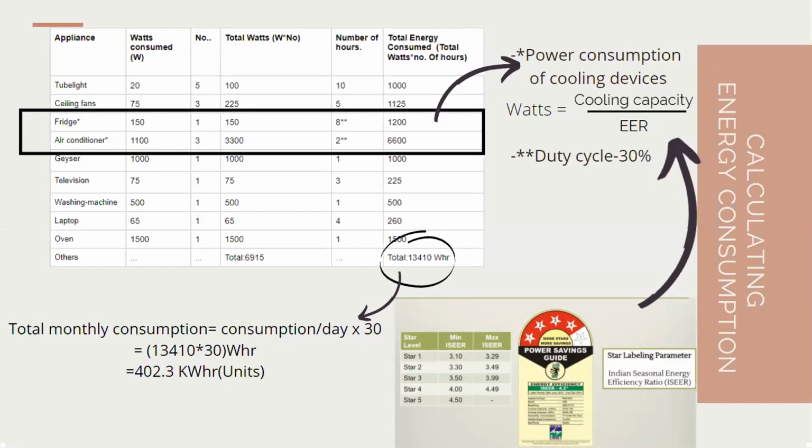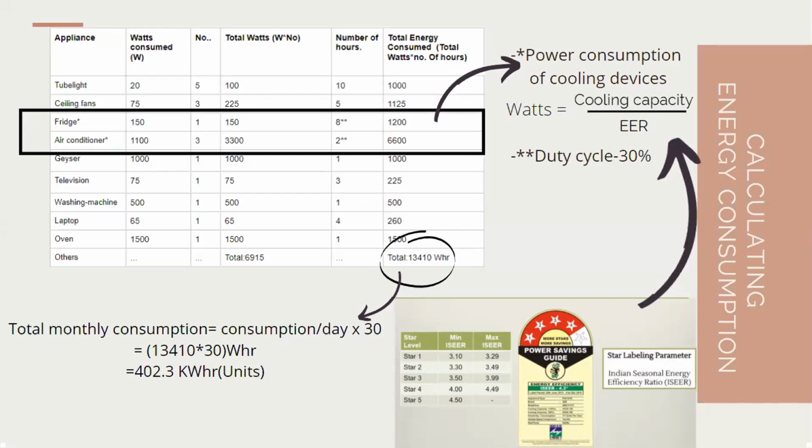Cooling capacity is basically, out of a given amount of air, how much heat can the device remove. That's our cooling capacity. For example, in this particular example I've got you, its cooling capacity is almost 3840 watts, and since it's 4 stars, its EER is 4, so we get a wattage of about 1100 watts.